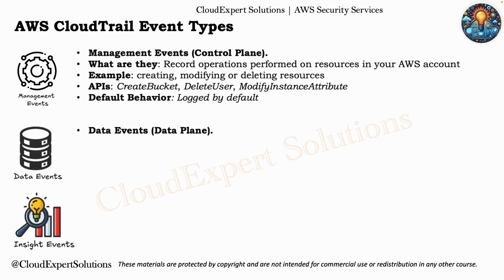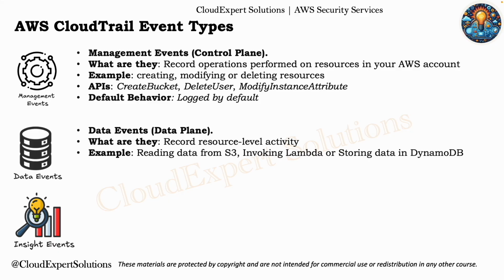Moving on to data events, which are data plane actions like recording resource level actions, and these are often very granular and high volume in nature. Operations like reading data from an S3 bucket, storing data into an S3 bucket, invoking a Lambda function, or retrieving data from DynamoDB.